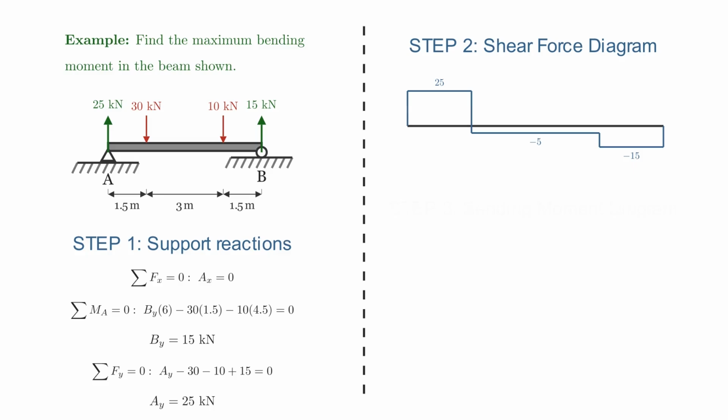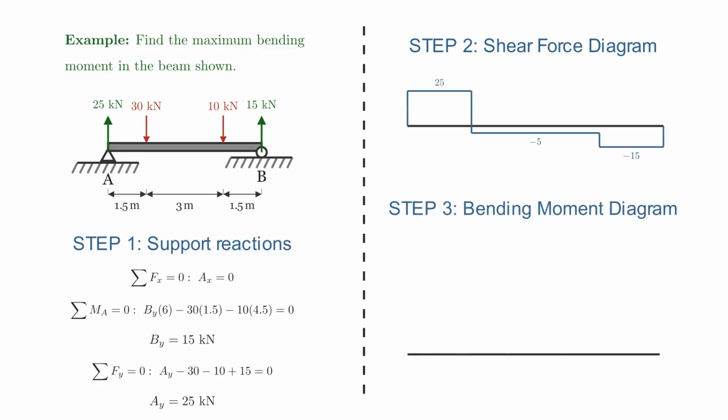And then from the shear force diagram, we can draw the bending moment diagram. Again, we start at the left-hand side at 0 at A. We have a constant shear force, so we're going to get a straight line for the bending moments. To work out the bending moment at that 1.5 meter point where we have the 30 kilonewton load, we take the area under the shear force diagram.